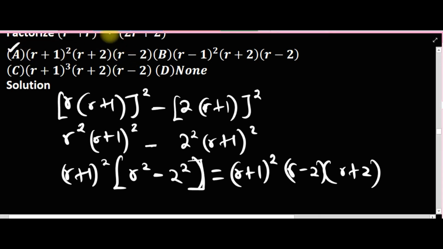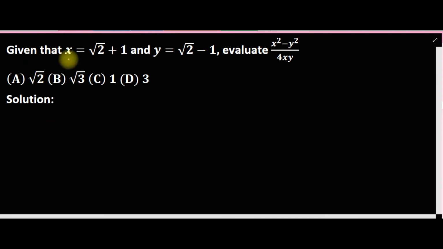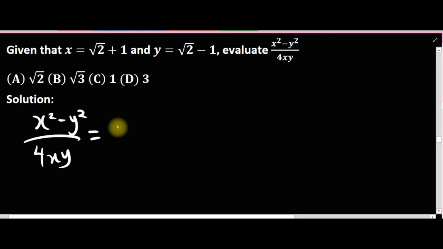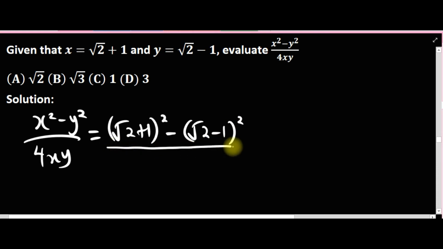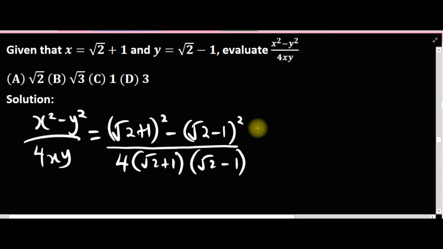The answer is A. So we are given that x equals that, y equals that, and we are asked to evaluate this. So we can just write x squared minus y squared over 4xy. Let's substitute. This is root 2 plus 1 all squared minus root 2 minus 1 all squared over 4 times root 2 plus 1 times root 2 minus 1.